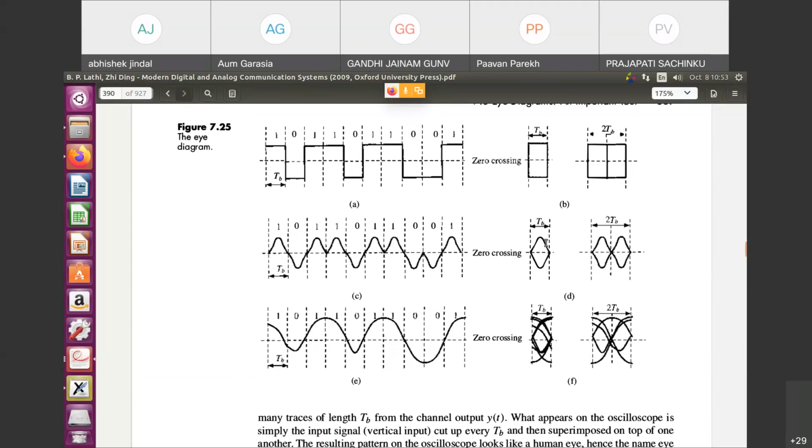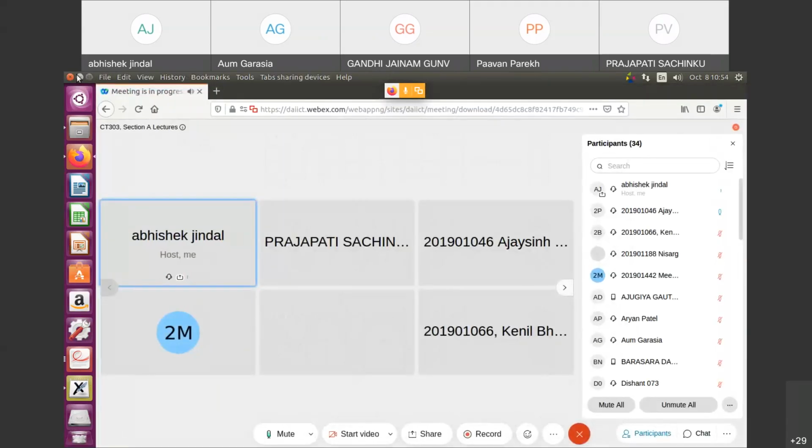The eye, which was clearly open, is now somewhat getting closed, because this line shows that the eye is not very wide open. And over the 2T_B interval, this is what is happening. This shows that the system underwent ISI, and we will also get to the extent of ISI. So this is what I wanted to tell you.